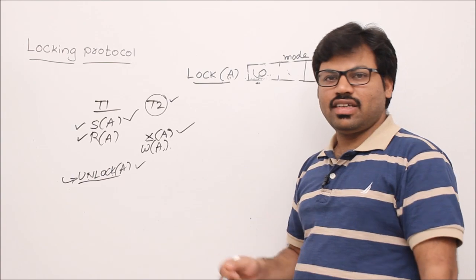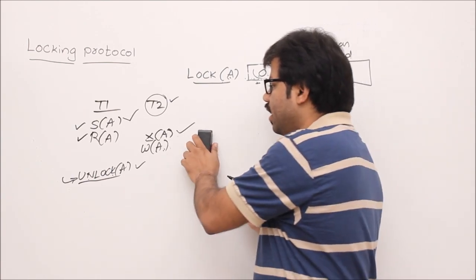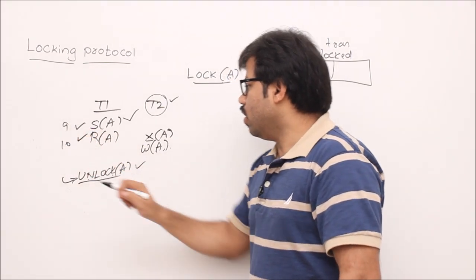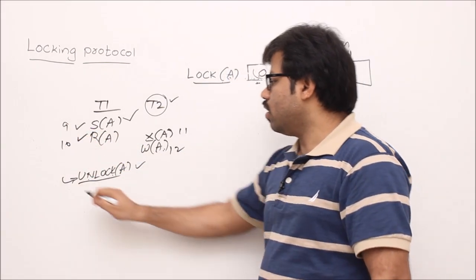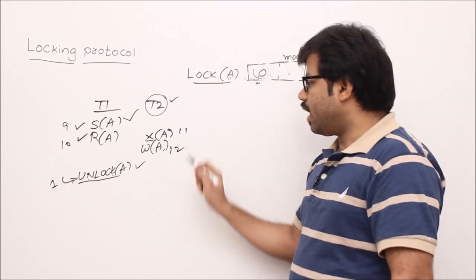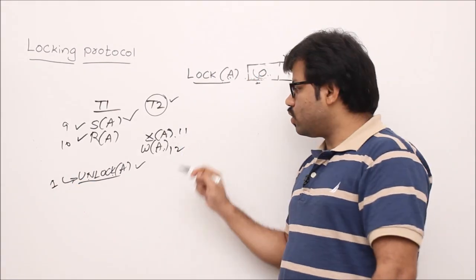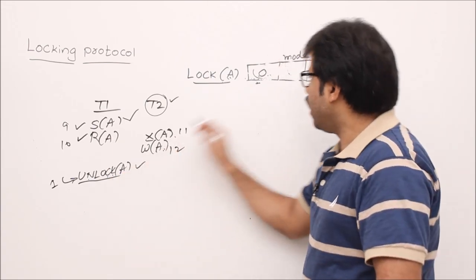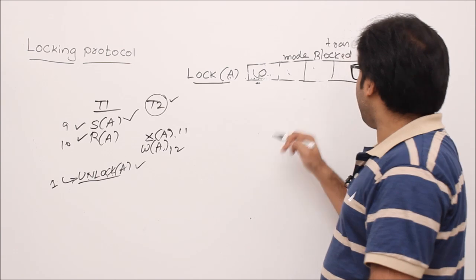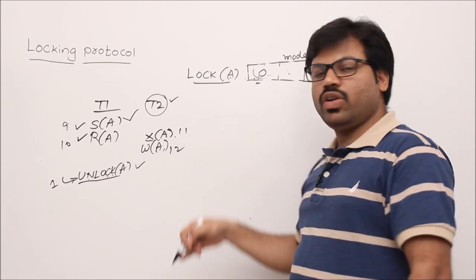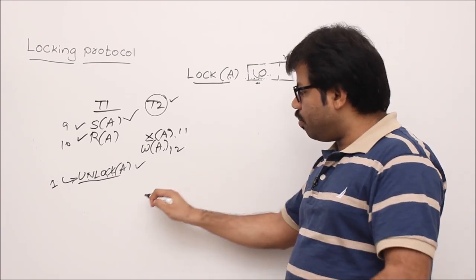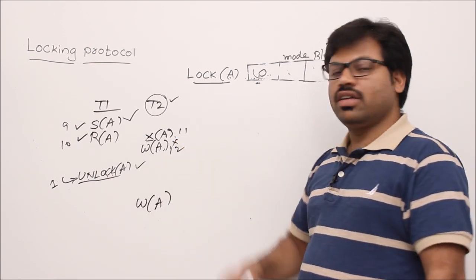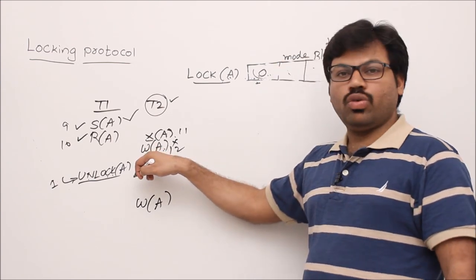When T2 is released, it will come back and try to issue again. That means 9 o'clock, 10 o'clock, 11 o'clock, 12 o'clock, 1 o'clock. Try to understand. The 11 o'clock instruction was unsuccessful, so the 12 o'clock instruction was not done. Then at 1 o'clock when unlocking is done, at 2 o'clock transaction T2 is released, and T2 will try to issue write of A again, because it was not done, right?